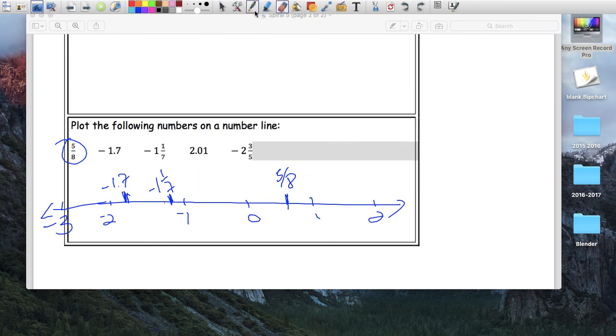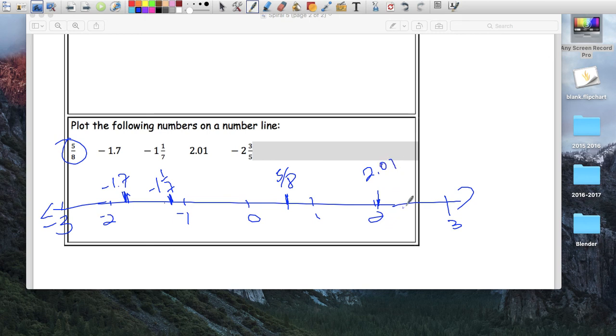Marissa, 2.01. Where do you put 2.01? Between 2 and 3, and I forgot to put 3 here. So think of money. So that's $0, $1, $2. This is $2.01, so it should be right after 2, very close to that.